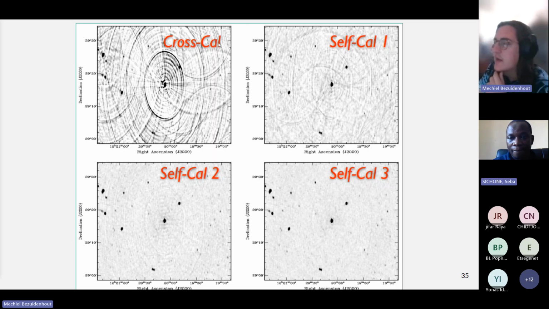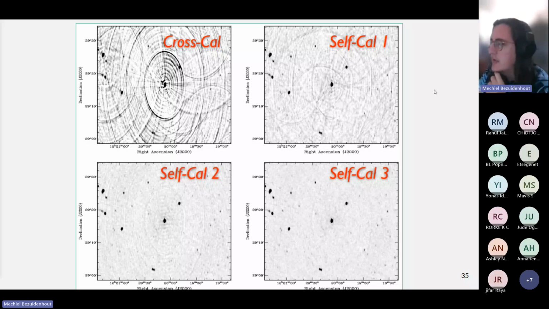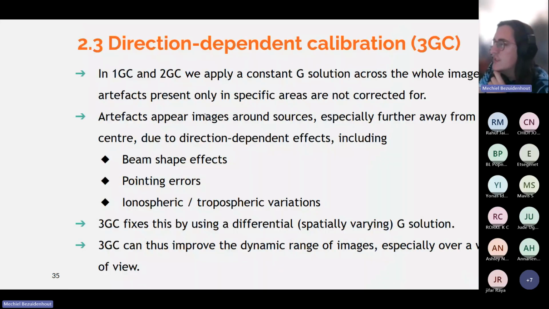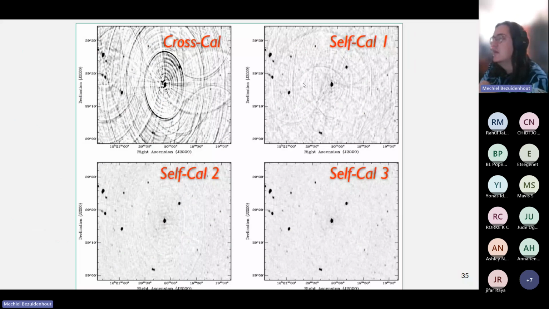And then we can get rid of those effects by doing self-calibration. So we do one step of self-calibration, and you can see already it's looking much better. And the more steps that we do, the less prominent those artifacts get, and in the end we get a much better image using self-calibration.